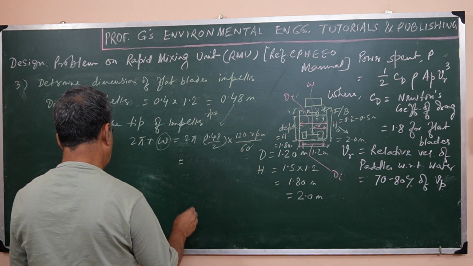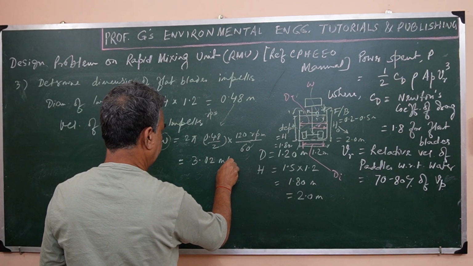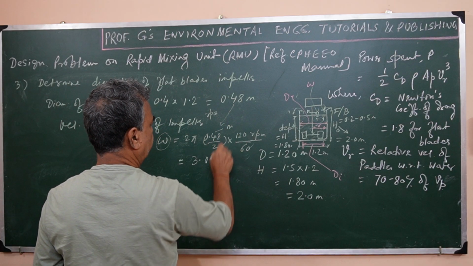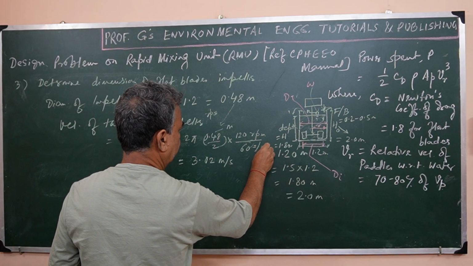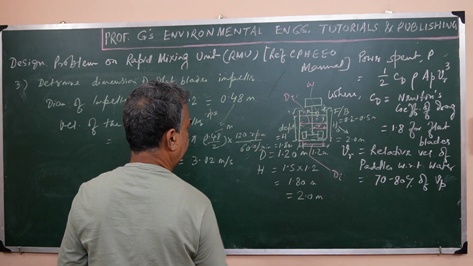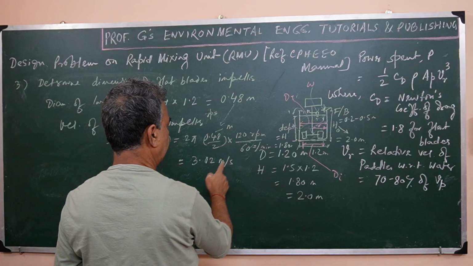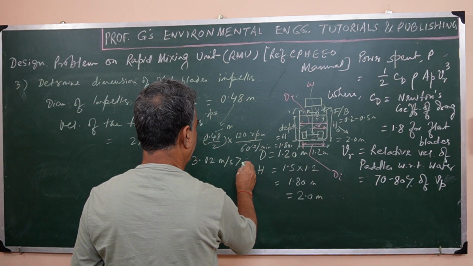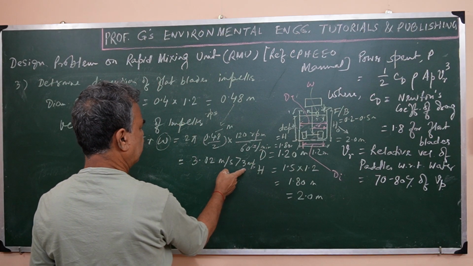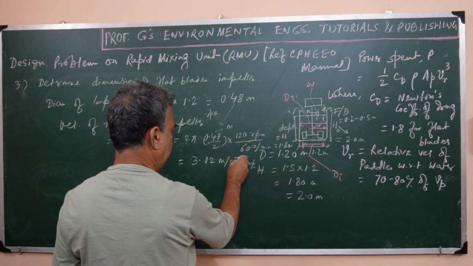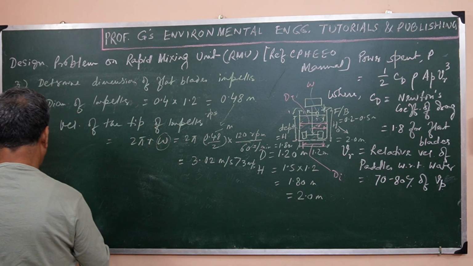So this actually will be 3.02 meter per second, because this is in meter, this is in revolution per second, so ultimately this will be second here and there meter, so that would be meter per second, which is more than 3 meter per second. So okay, it is just exceeding that value. The minimum should be 3 meter per second. It is a little more than that, right?